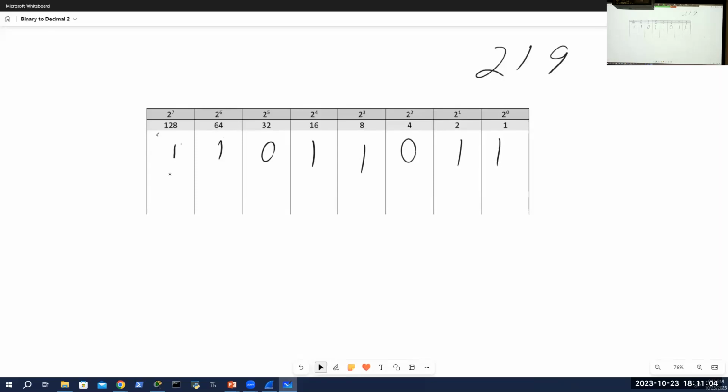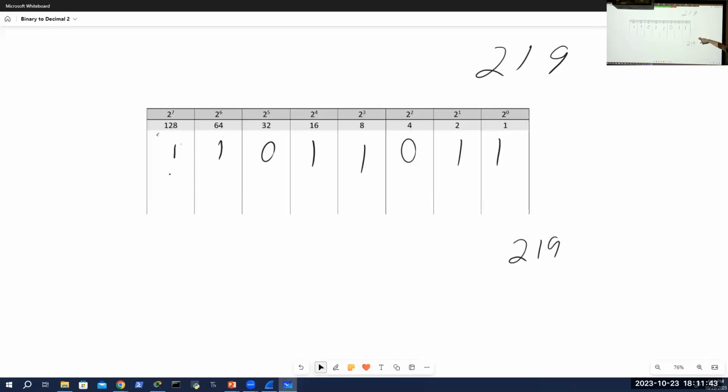I don't know exactly how you do it, but this is the way I do it. We start with our number 219, and we start on the very left-hand column. Of course, if our number was bigger than 255, we'd have to extend this table another bit, because if all these were ones, it adds up to 255.